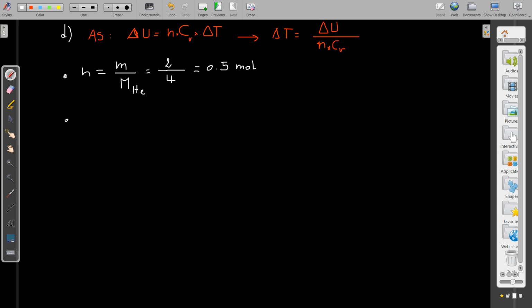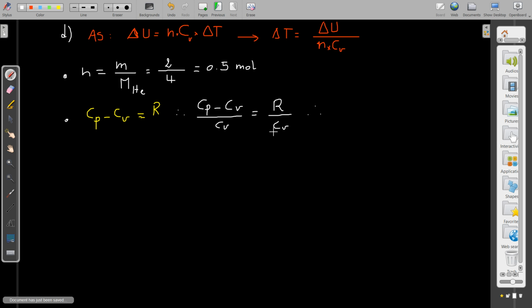Still now Cv. How to find Cv? There is a rule that Cp minus Cv, Cp being the heat capacity measured at constant pressure, minus Cv is always equal to R. This difference is always equal to R. If we divide by Cv, the left side and the right side, this becomes Cp minus Cv over Cv equals R over Cv.